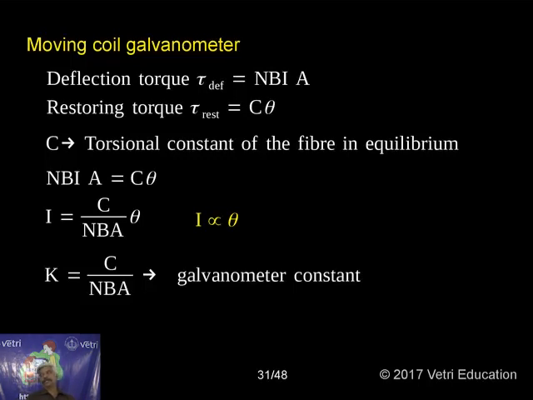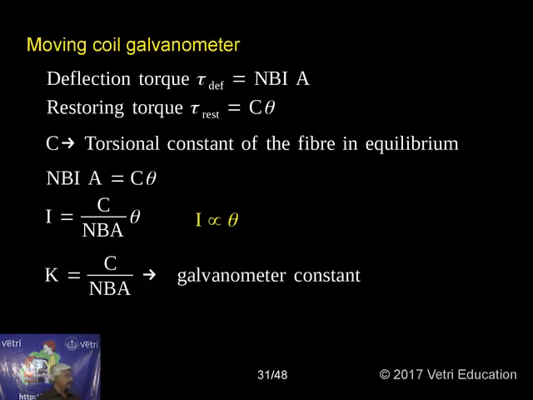Therefore, at equilibrium, the deflecting couple must be equal to the restoring couple. NBIA is equal to C theta, from which I is equal to C by NBA times theta.